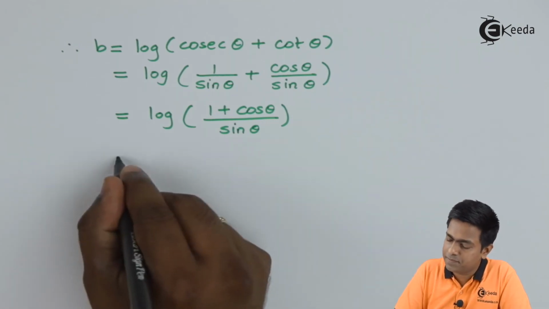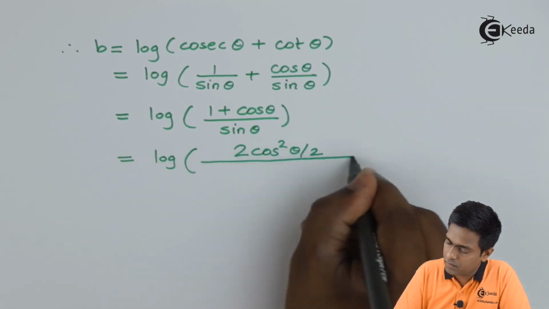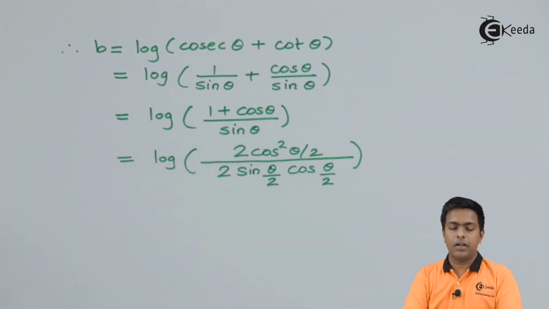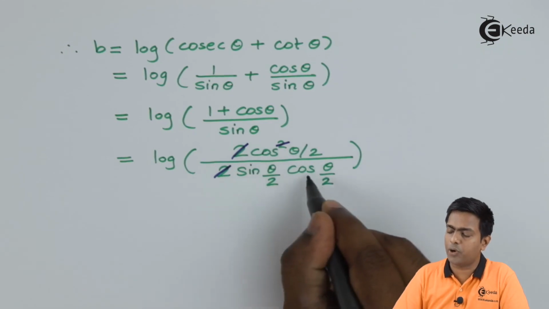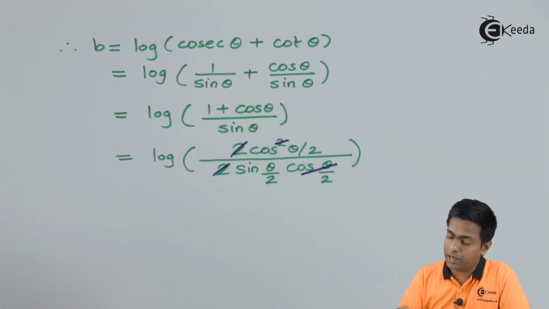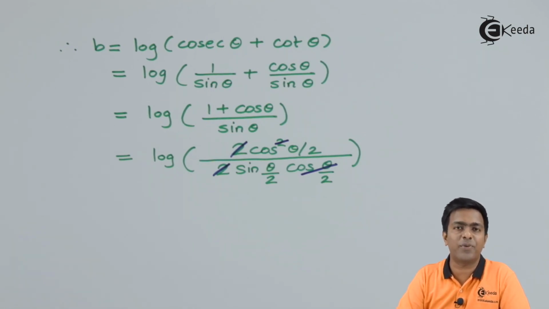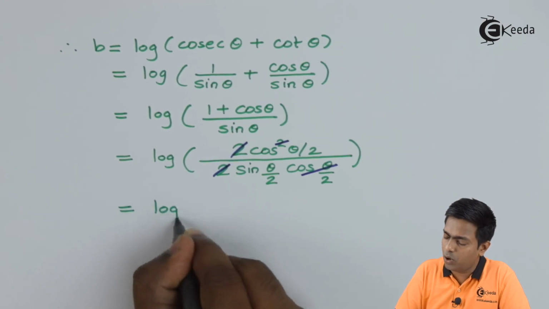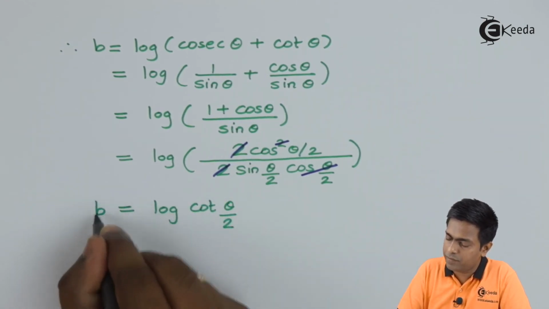Now we can cancel the 2 with 2, and one cos theta upon 2 with cos theta upon 2. And cos theta upon 2 upon sin theta upon 2 gives us cot theta upon 2. So the value is log of cot of theta by 2. That is the value of B.